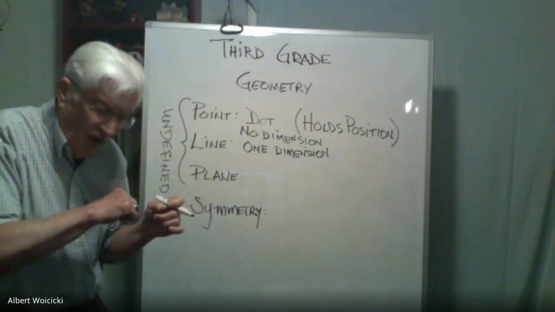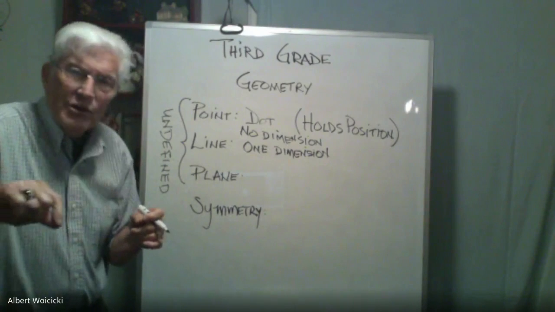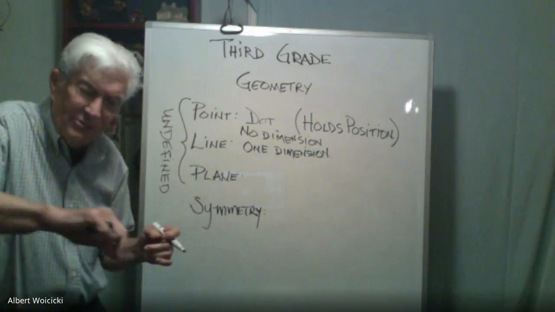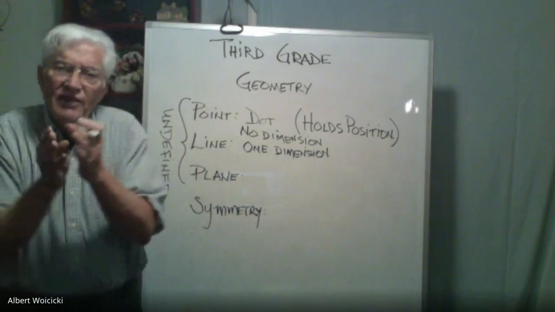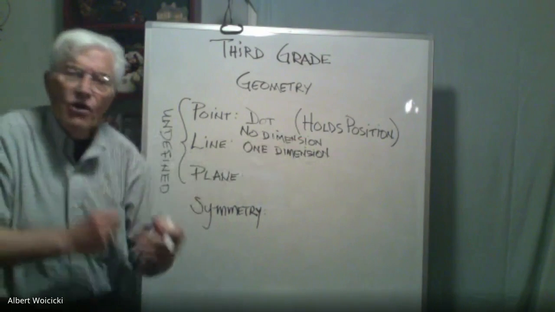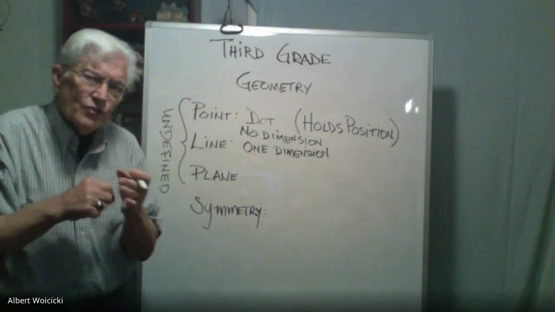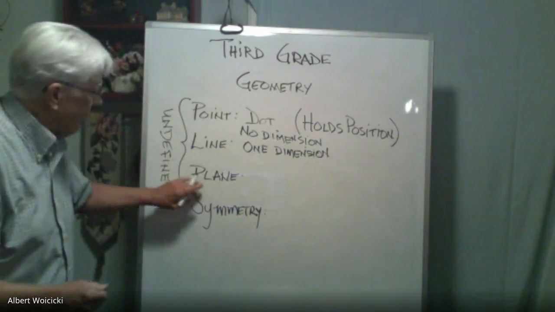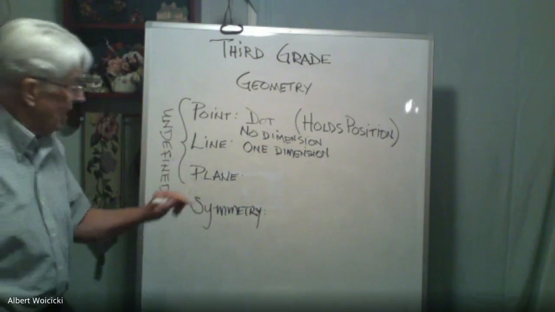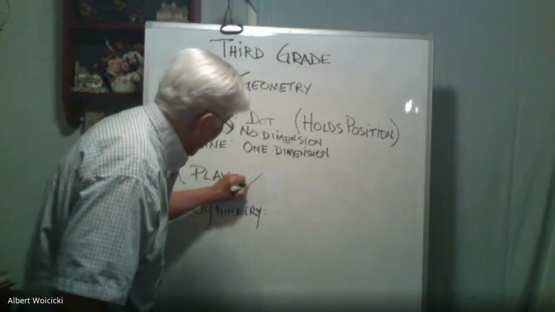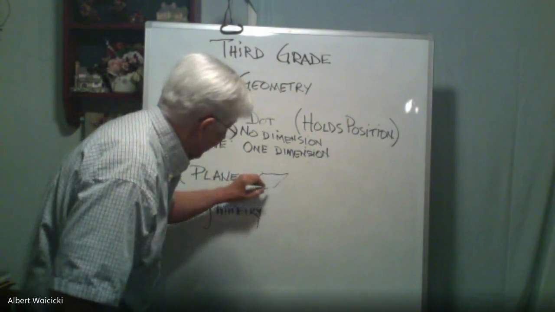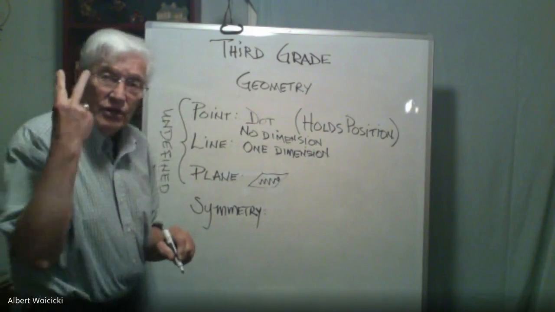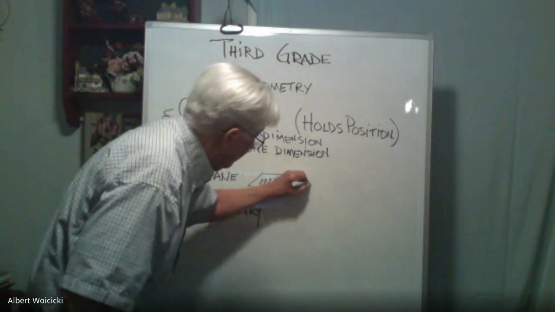So when you draw the line on your paper, you're drawing something that has length, but it doesn't have any width or height. It only has one dimension. And now the plane, which is often described as a parallelogram like this, has two dimensions.